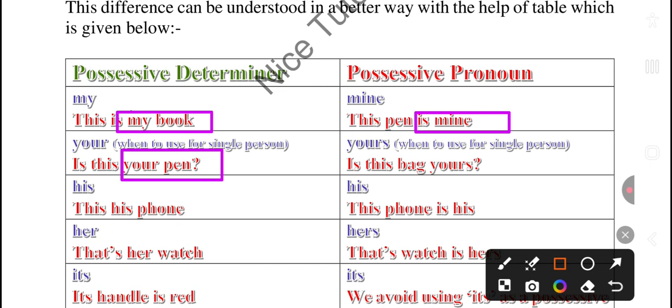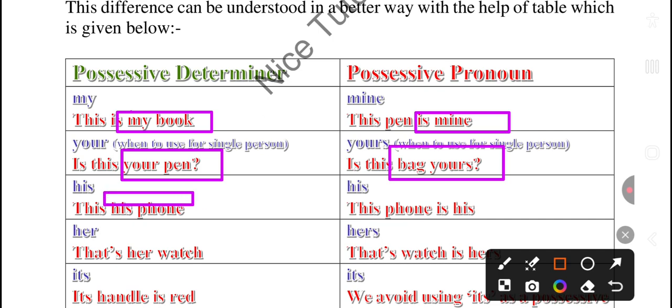Now again you can see over here, is this bag yours? After yours, no noun has been placed. That's why here yours acts as a possessive pronoun.